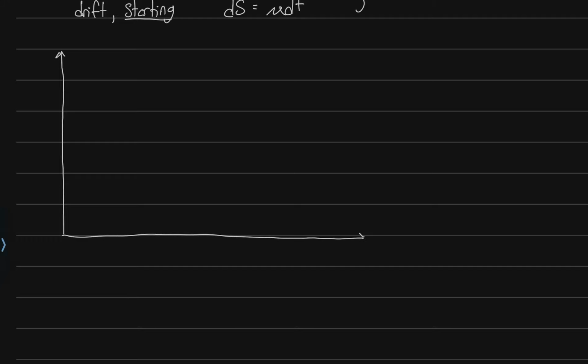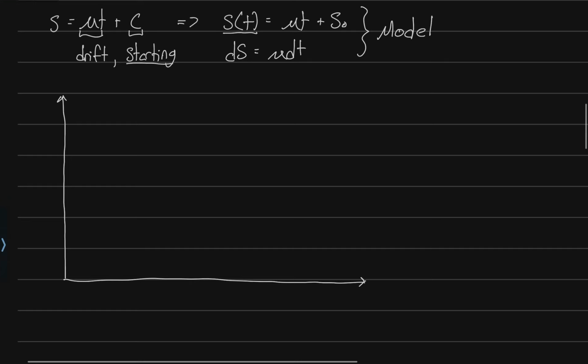Okay, so we know that we're going to have some starting stock price. Let's say this is S0. Depending on the stock we're trying to analyze, this can obviously be a different starting constant. And then we're going to have some mean returns. Right?